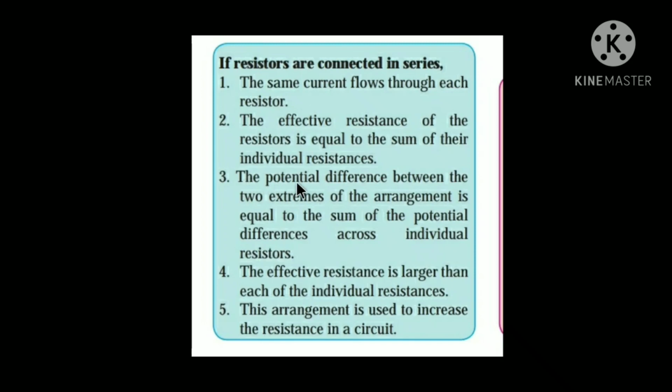The potential difference between the two extremes of the arrangement is equal to the sum of the potential differences across individual resistors. The effective resistance is larger than each of the individual resistances. This arrangement is used to increase the resistance in the circuit.